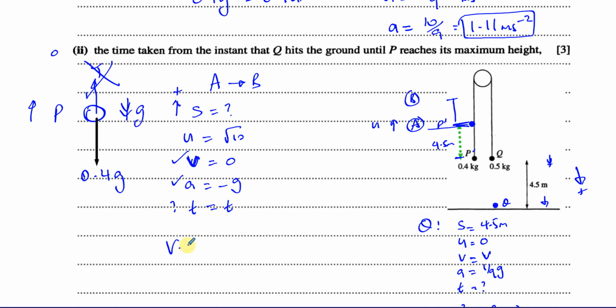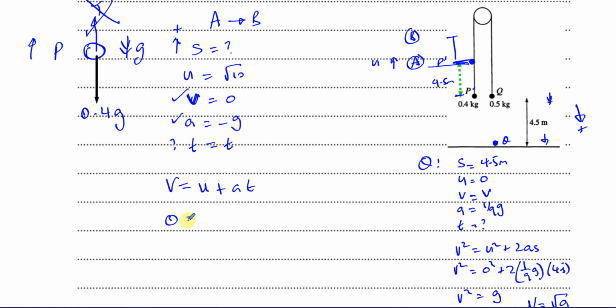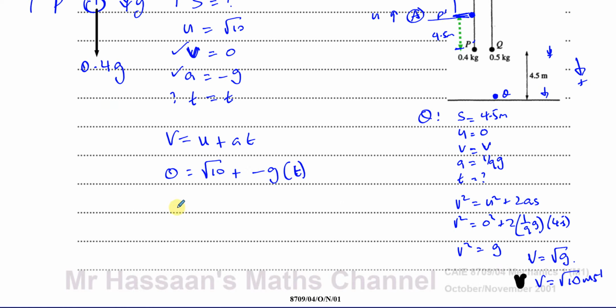So we can say now v equals u plus at in this situation between A and B. Now we know v is 0. We know u is the square root of 10, plus a, which is minus g, times t. So we can find what t is. You're going to have g times t equals root 10. So t is equal to root 10 over g, so it's going to be root 10 over 10, which will give us our answer.